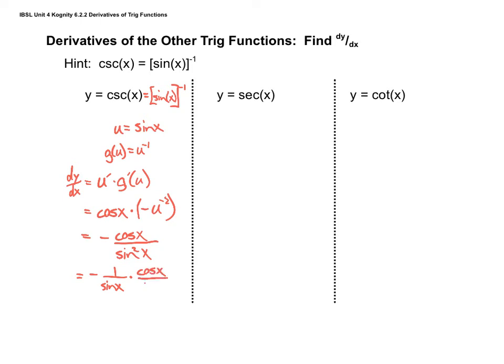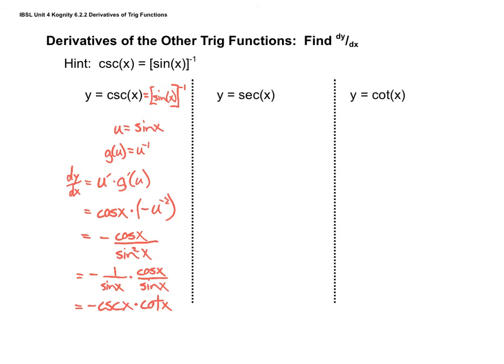What's 1 over sine? Cosecant. And cosine over sine is cotangent. So the derivative of cosecant is negative cosecant times cotangent.